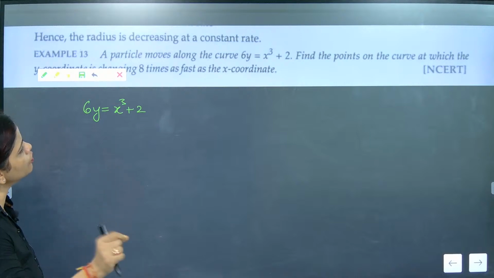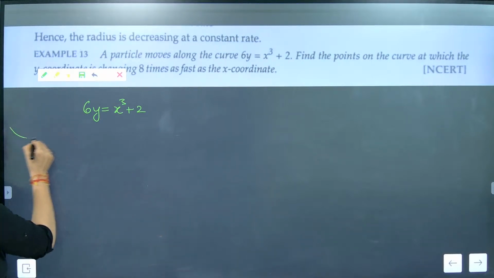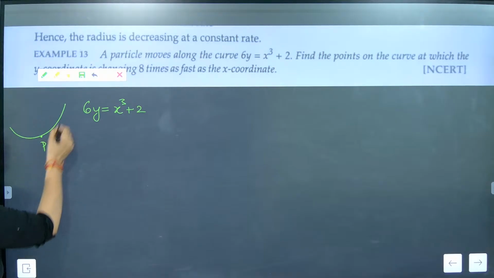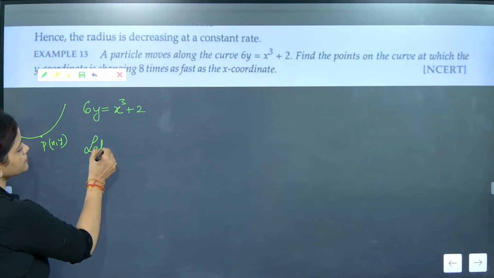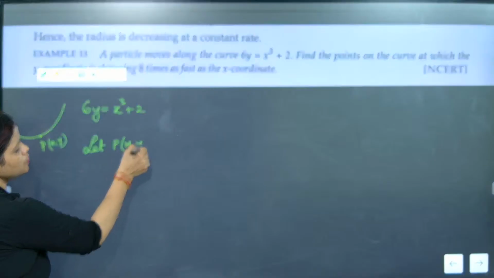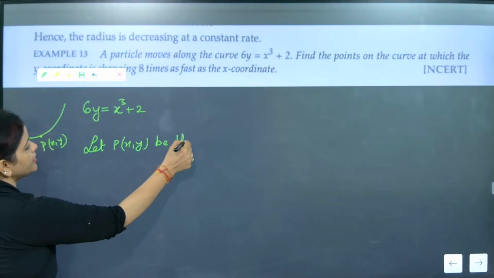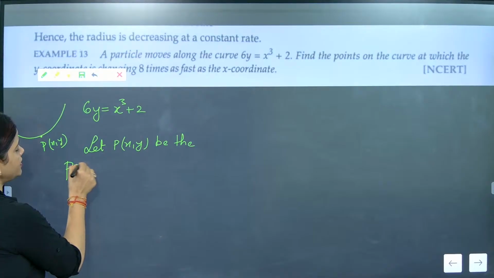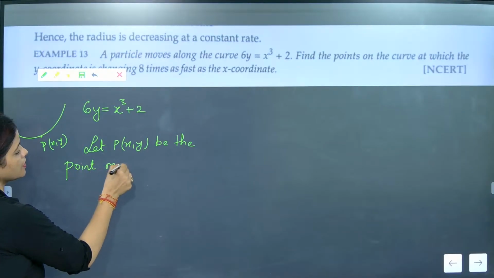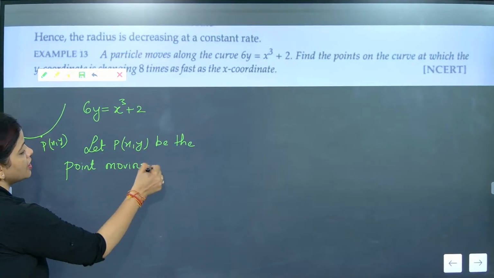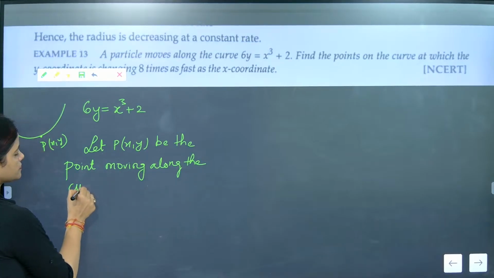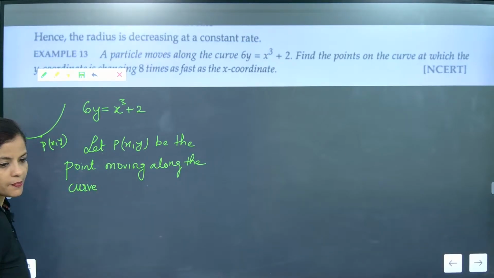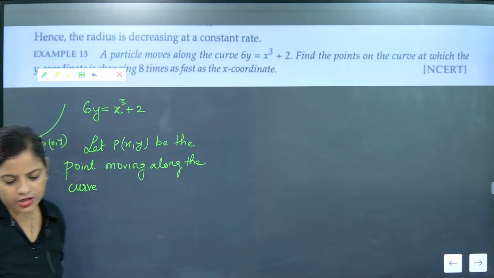A particle moves along the curve. So if this is your curve, this point is P(x, y), and it is moving along the curve. So let P(x, y) be the point moving along the curve.